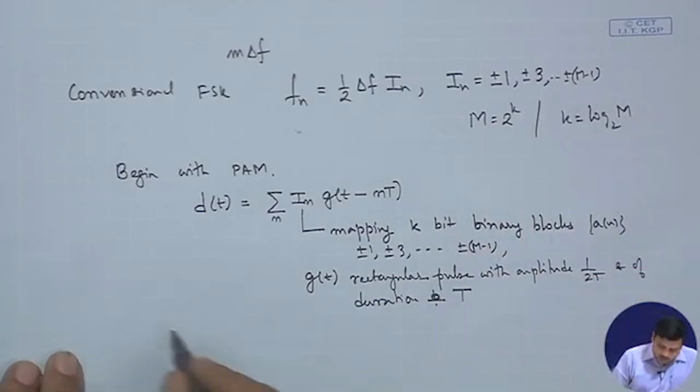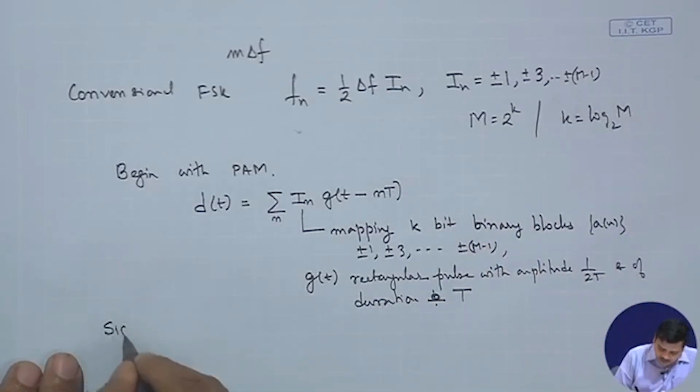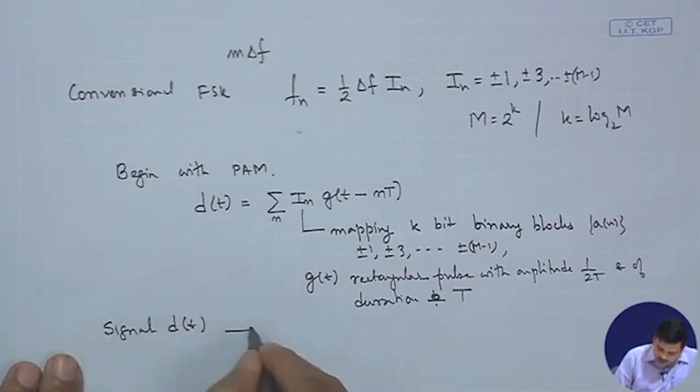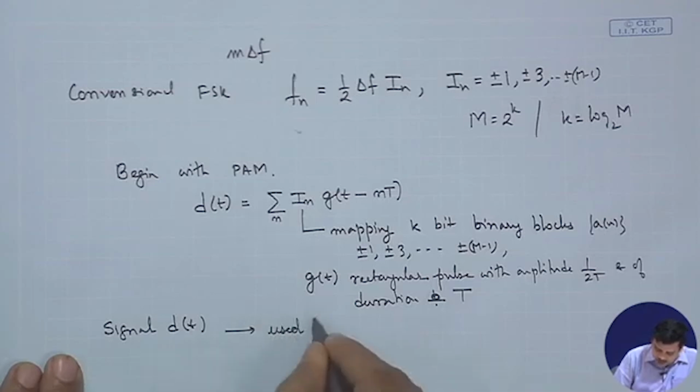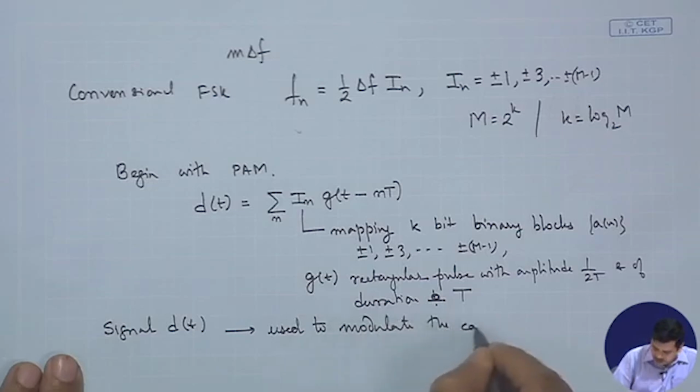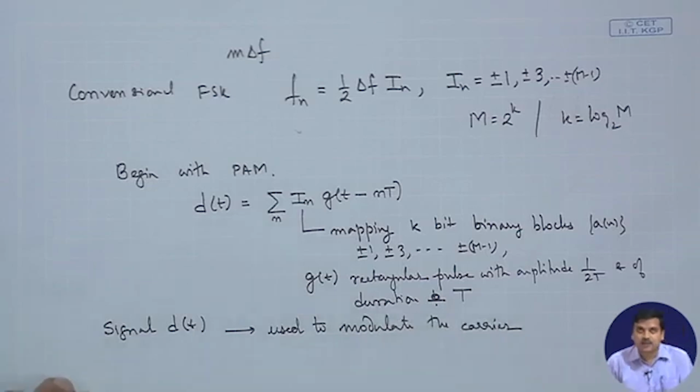Now, this signal d(t) is used to modulate the carrier. Again, the same philosophy as you have studied earlier. We are not changing much from what you have studied earlier in typical analog communications.